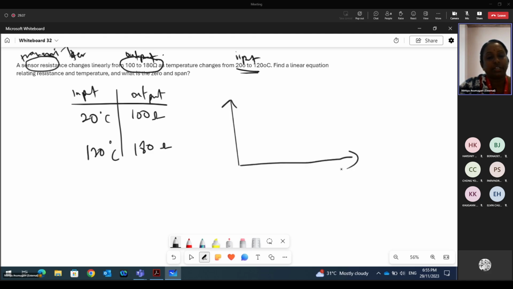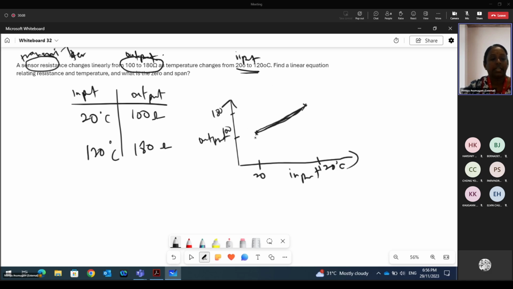We need to plot first, output over input. Make sure you table so that you know which one is input and output. At 20 and 120 input, the output is 100 and 180. So it's a straight line.